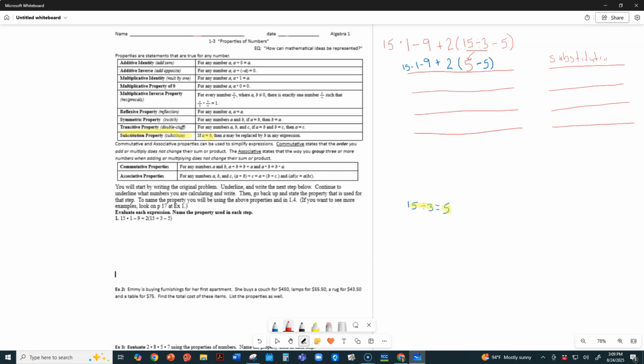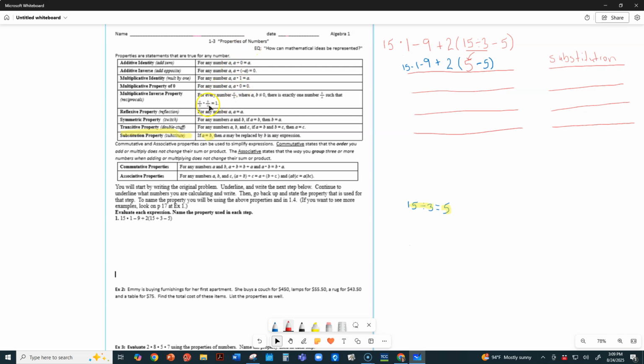And usually, anytime we do addition, subtraction, multiplication, or division, that's what we're going to do. We're going to substitute that value in. There are a few exceptions when we're adding 0, or when we're adding the opposite, or when we're multiplying by 1, or when we're multiplying by 0, or when we're multiplying by the reciprocals.